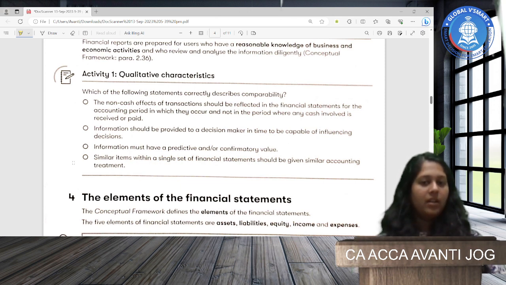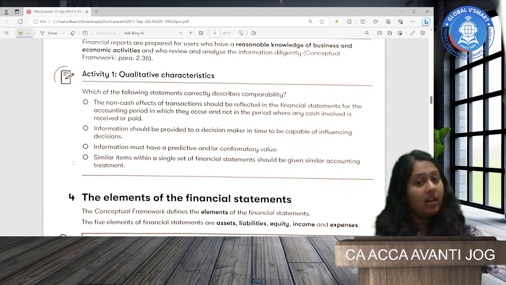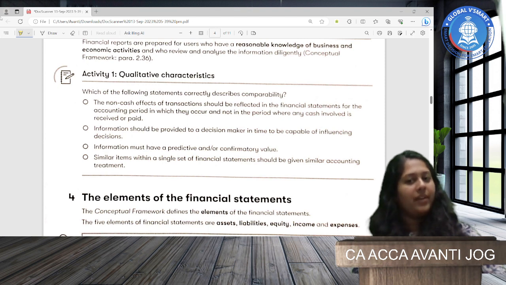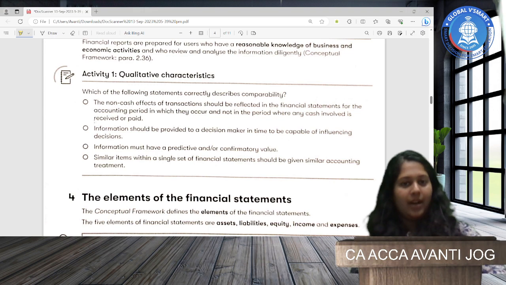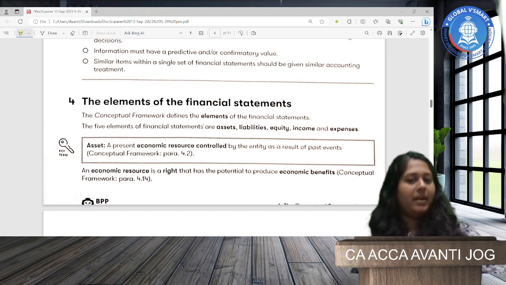The first one, the non-cash effects of transactions should be reflected in the financial statements, even though the cash is not received or paid. This is accrual. Information should be provided to a decision maker in time to influence decision making. This is timeliness. Information should have a predictive or confirmatory value, and similar items within a financial statement should be given similar treatment. This is comparability. Okay, so we have the fourth option for comparability.